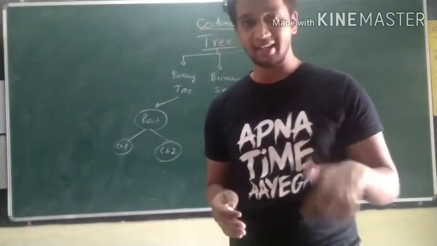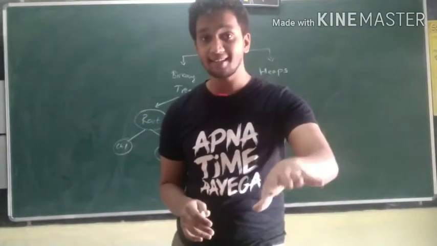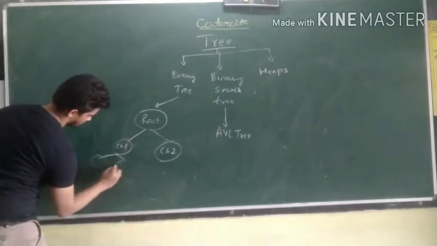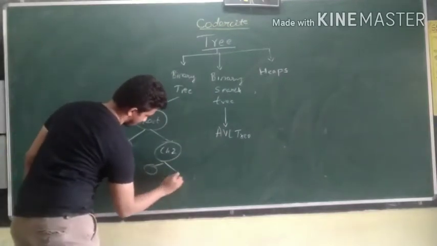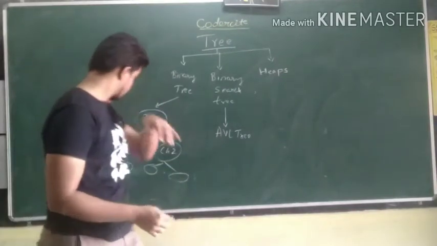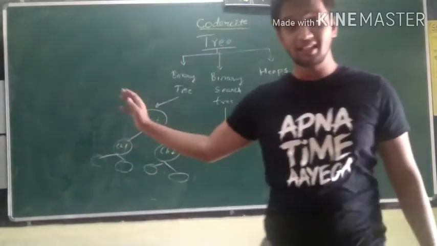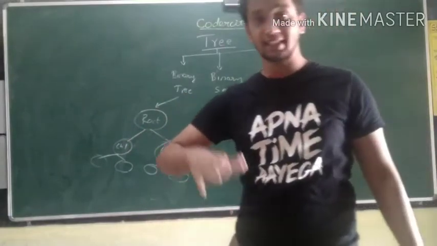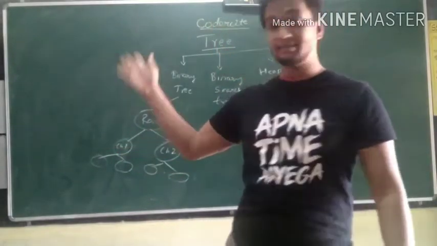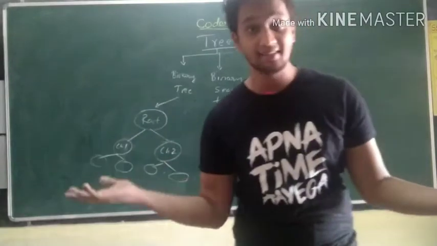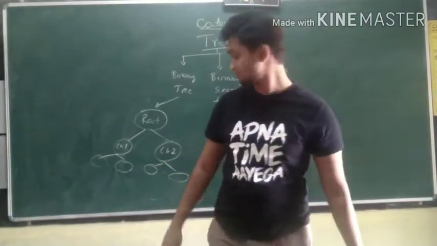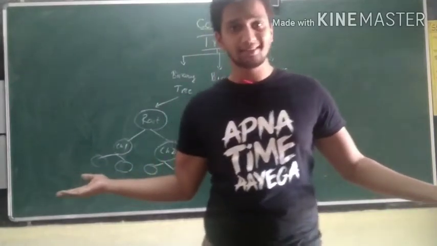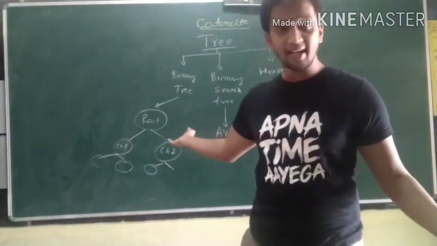That's why it is known as a binary tree. Each and every root has exactly two children. Root has CH1 and CH2 as two children. CH1 has CH3 and CH4, and CH2 has CH5 and CH6 as its children. There may not be CH6. Even this can be a binary tree.